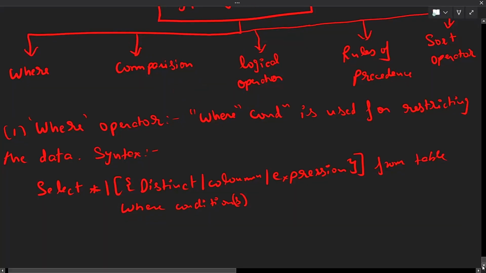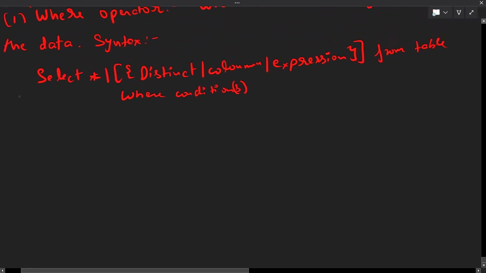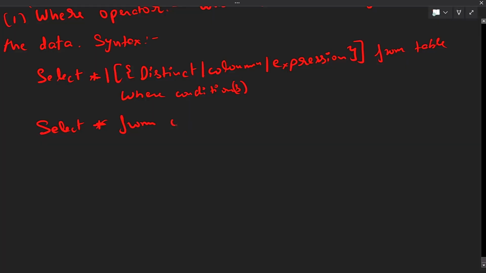Let me write it over here: select star from college.teacher where department_ID equal to 'DEPT_001'. This is a single quote, right?